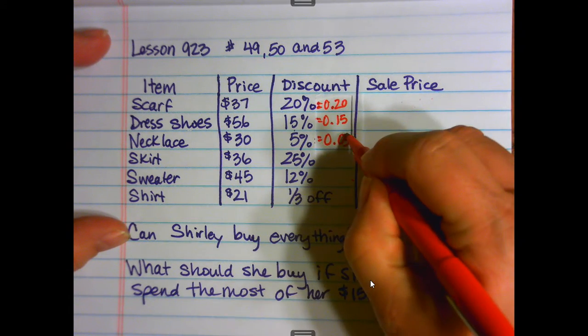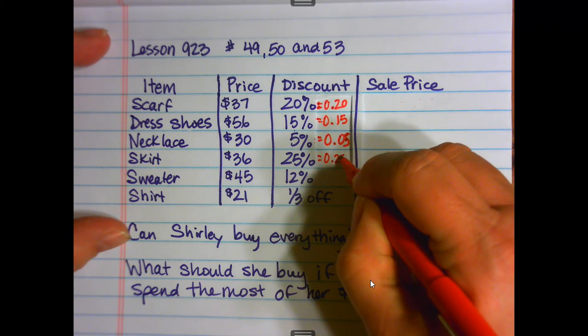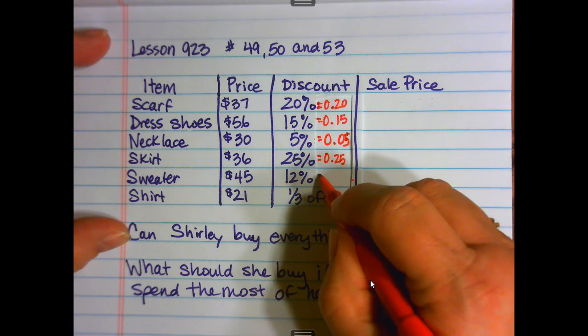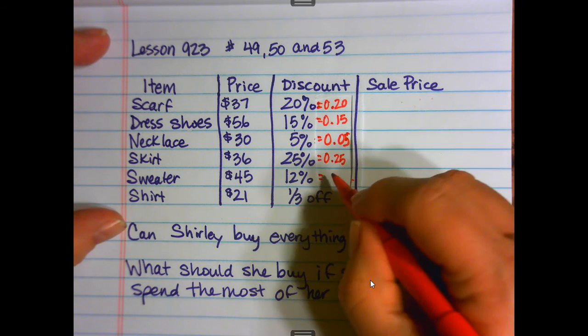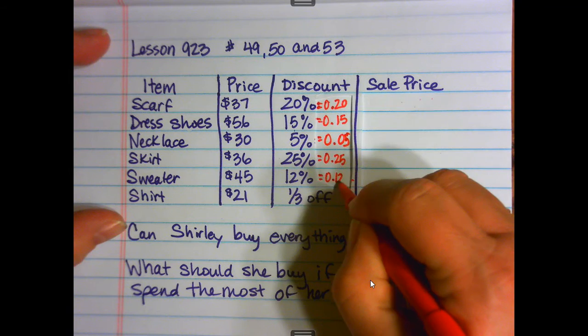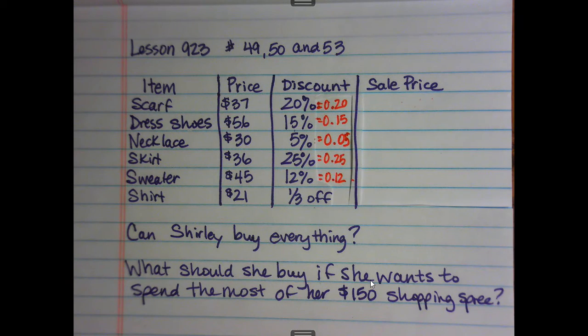The next one becomes 25/100. And the last one that we're going to look at that's a percent is 12% becomes 12/100. We're going to leave the 1/3 because that's kind of an unusual case, kind of an exception to the sale price that we have going here.